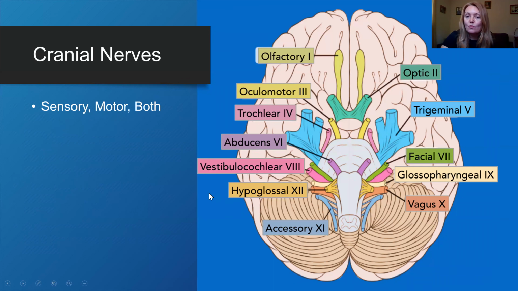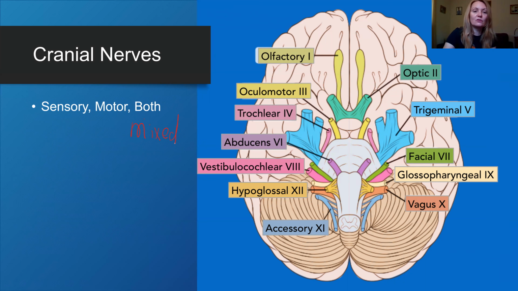Some might be only motor, right? So let's say the trochlear nerve, right? Oculomotor nerve, those are motor. And some can be both, like hypoglossal, number 9, right? It has both sensory and motor fibers. When we're talking about spinal nerves, they always have both, and this is called mixed.